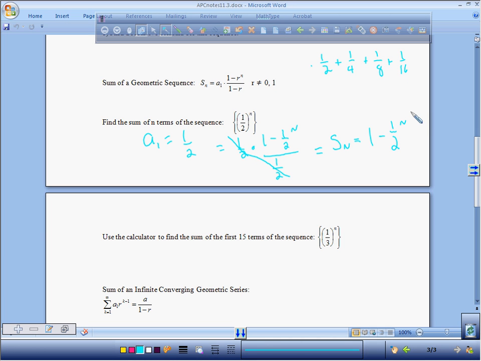Say I wanted to know what the sum of the first 4 terms was. If I plug in 4 in there, I get 1 minus 1 over 16, which would be 15/16 if I added all those up.